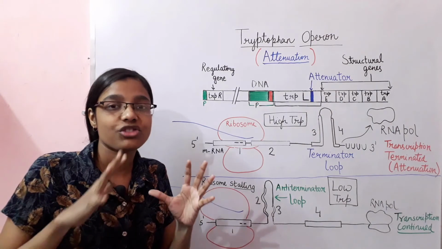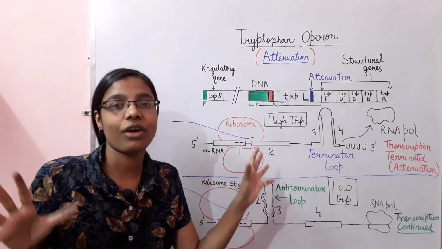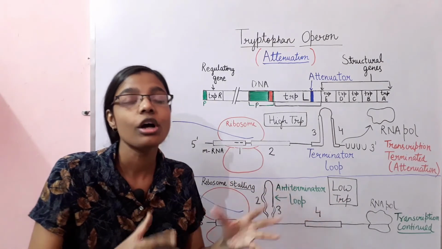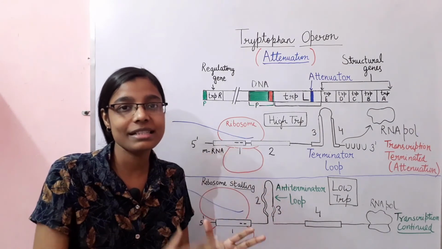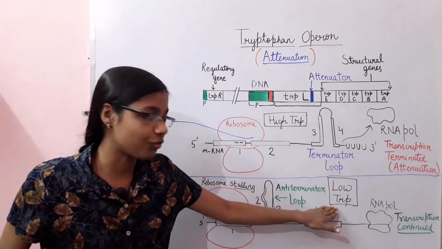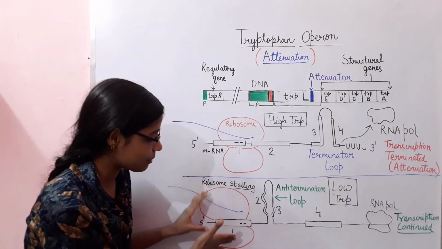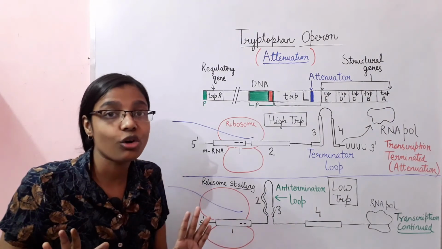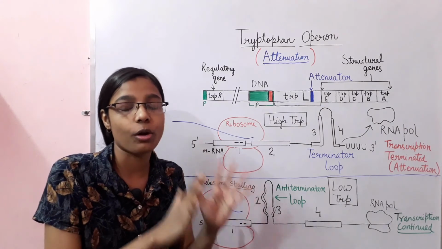The tRNA is finding the tryptophan within the cell, and as the concentration is very low, it will take some time to bring it. Ultimately the ribosome will stall near region 1, as a result of which region 2 and 3 are free for pairing.